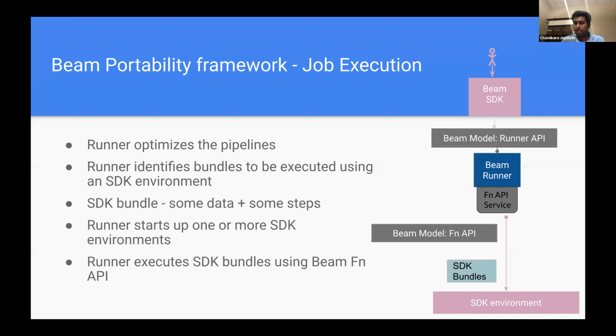This is called the Fn API, as well as another standard service called the Fn API service. So with this API, Beam SDKs can talk to Beam runners at the execution side, again, in a standard way, right? And the SDK environment would basically receive SDK bundles from the runner to execute.